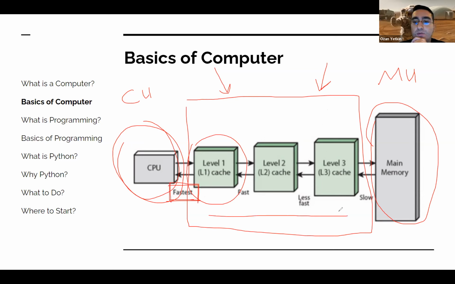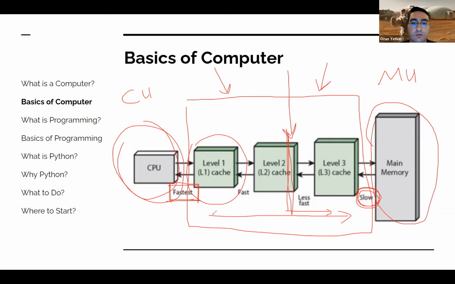But if you move towards the memory part, your program becomes slower and slower. It's called high level and low level in programming, and it's a really important topic. And Python is somewhere in between, but closer to the slower part. And there are some advantages and disadvantages to it.